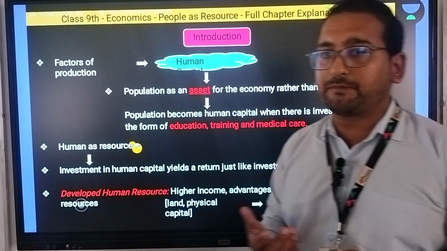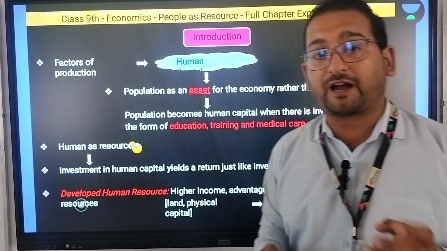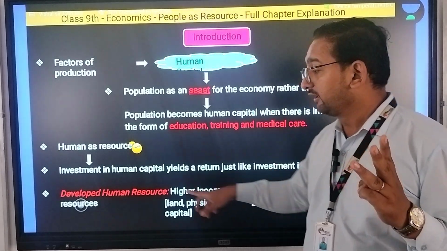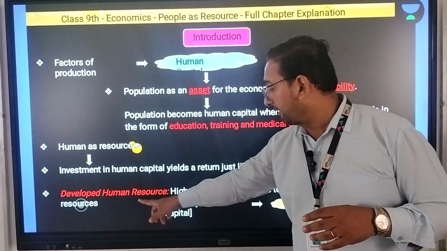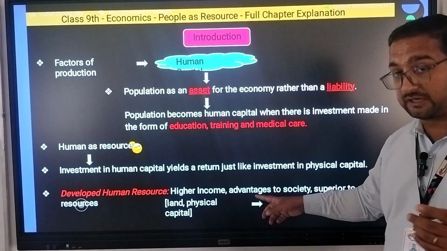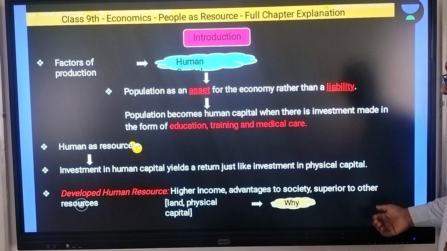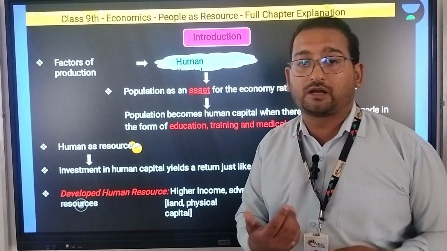After investment is made in human capital via education, training and medical care, it will give a developed human resource. It will provide us higher income, advantage to society, and is superior to other resources.